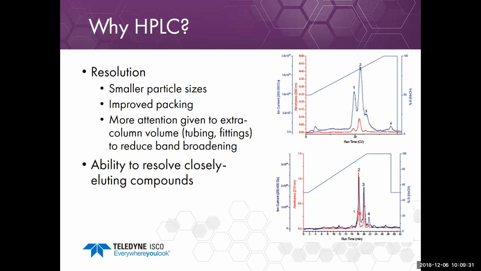So I have a shoulder over here on the first eluting peak. In between peaks 2 and 3, there's another little peak hiding, and I actually get baseline resolution on the last peak in the group over here. So we get much higher resolution at the cost of sample loading, as we saw in an earlier slide.